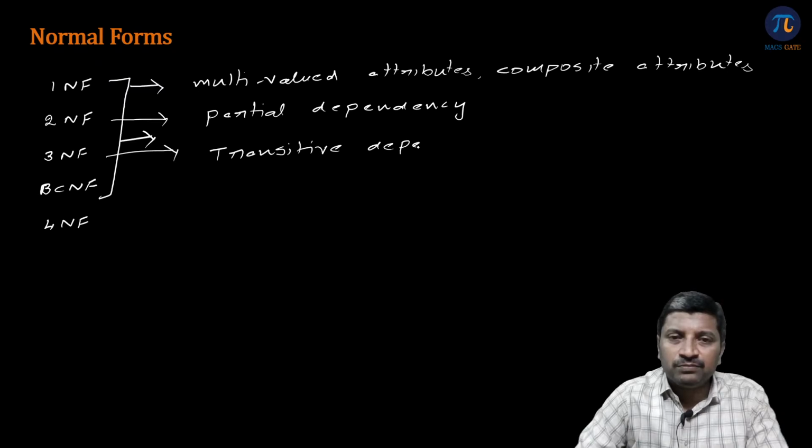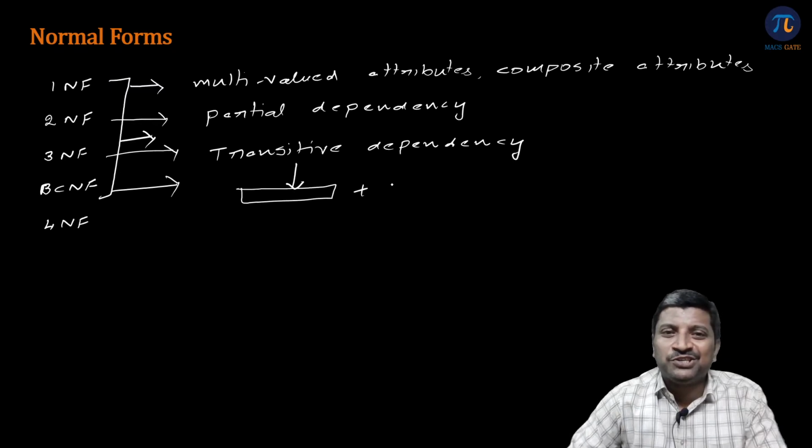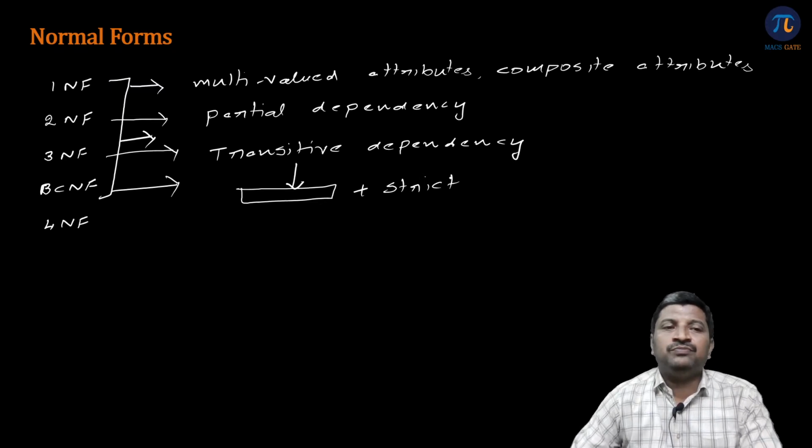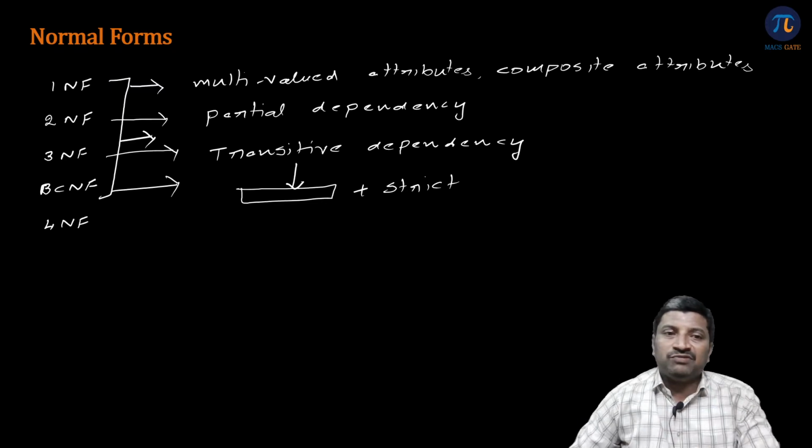BCNF is also the same as third normal form, but it is a strict police officer. The same transitive dependency we deal with in BCNF also, but it is very strict according to the rules.